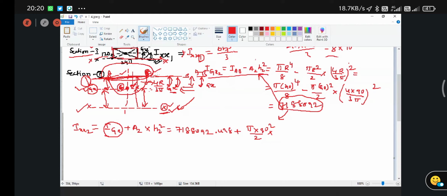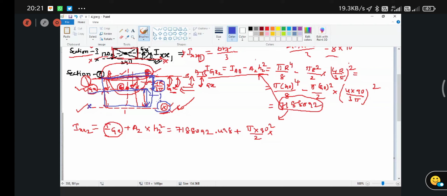From the AB axis you have the parallel axis at a distance of 4r by 3π. But about the XX axis, as the total base axis involving your rectangle, the moment of inertia is the central moment of inertia plus area into the square of the distance between these two axes.